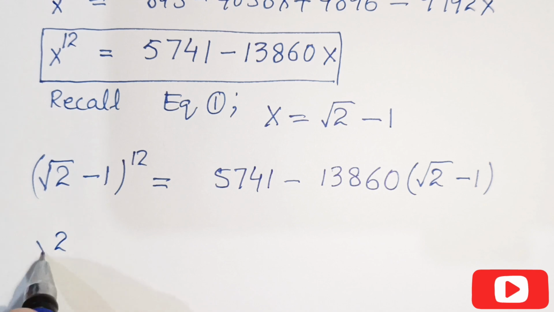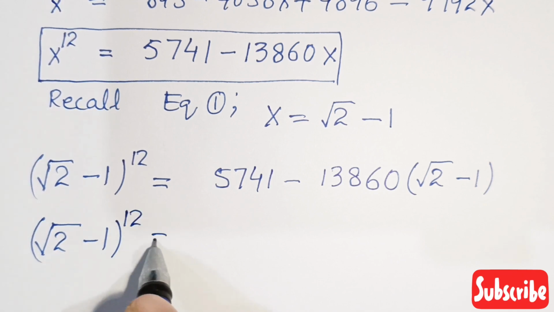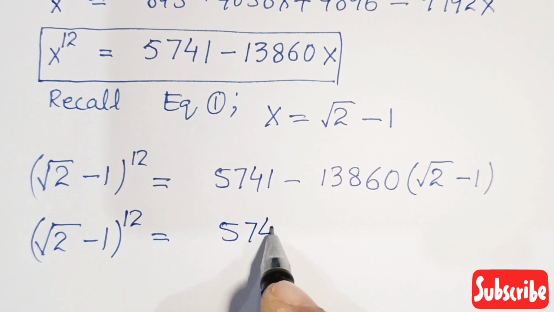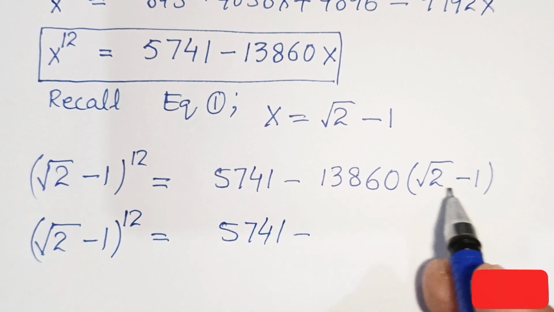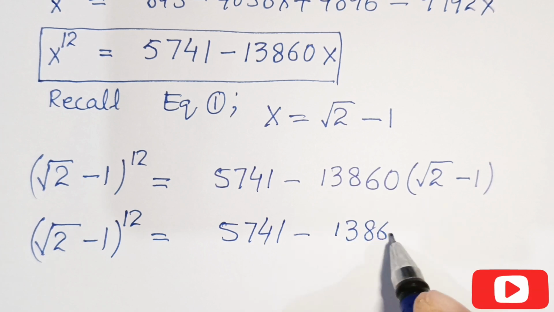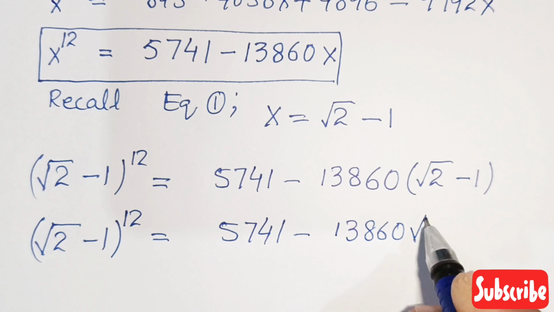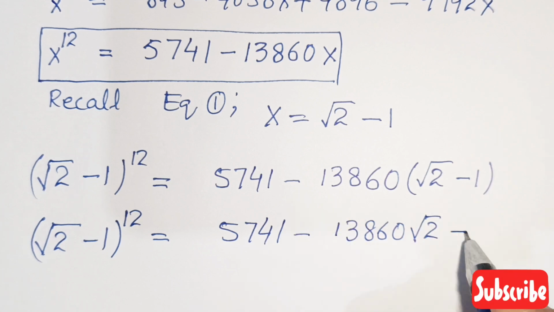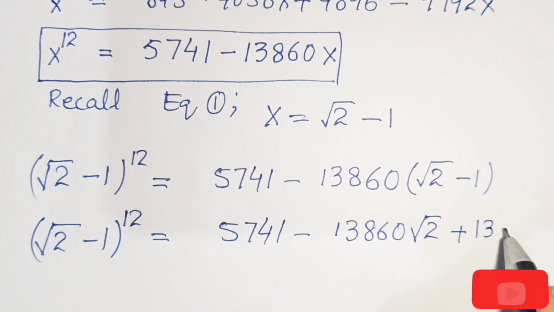Now square root of 2 minus 1 whole to the power 12 is equal to 5741 minus, multiplying this into parentheses, so we get 13860 times square root of 2, and minus times minus is plus 13860.